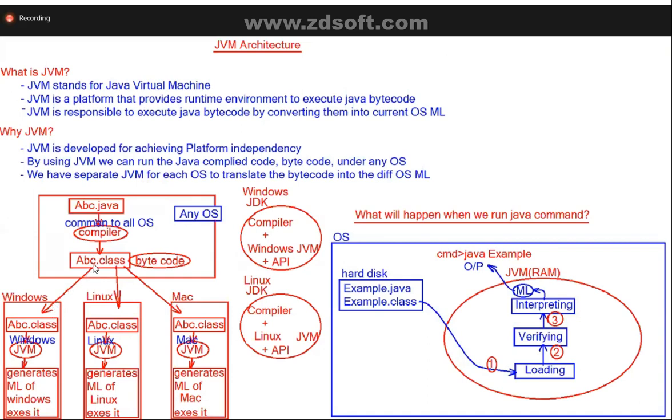While this program is traveling via network, there is a chance somebody may hack your program and insert some virus, some malicious code in between. Are you catching my point? That's why there is a verification phase. Everybody got clarity? Yeah?